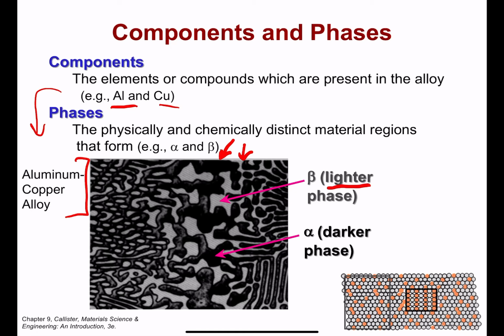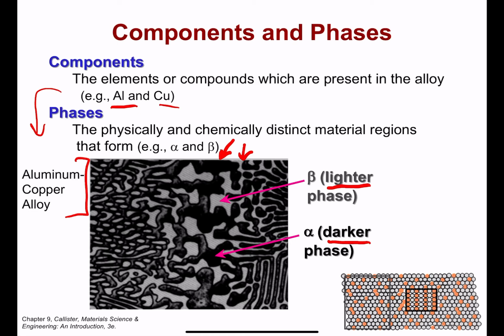One is represented by the lighter phases and one is represented by darker phases. They're in different locations and have different contrast and would therefore have different chemical bonding and arrangement of all the atoms, in this case metal, aluminum and copper.